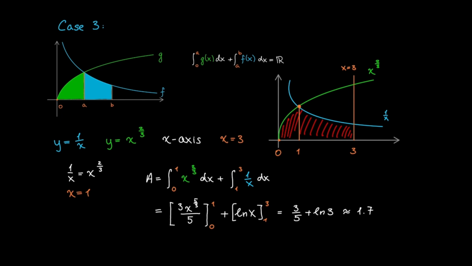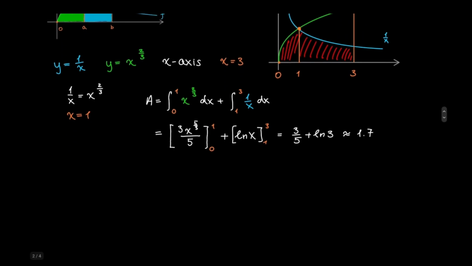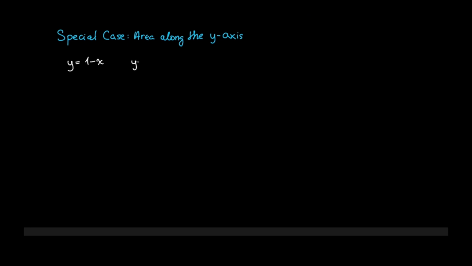To end the video, I would actually like to show you a special case that can also occur. This special case would be called area along the x-axis, and you will see why in just a second. Let's say we have two functions, y equals 1 minus x, and the other one, well, isn't exactly a function because it's y squared equals x plus 1.